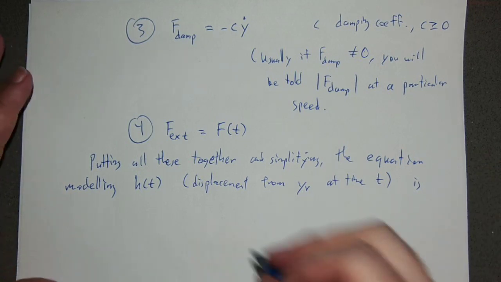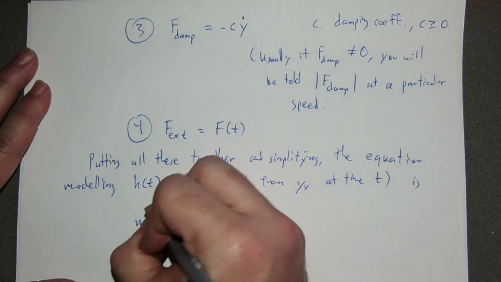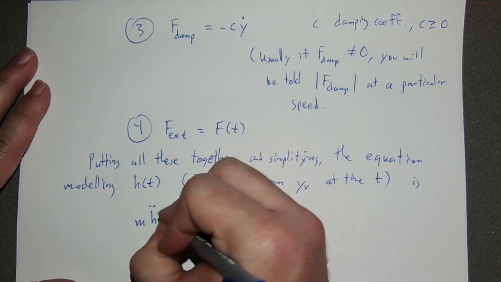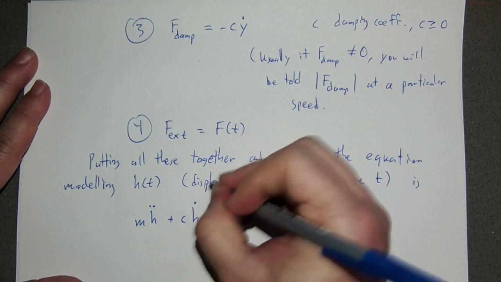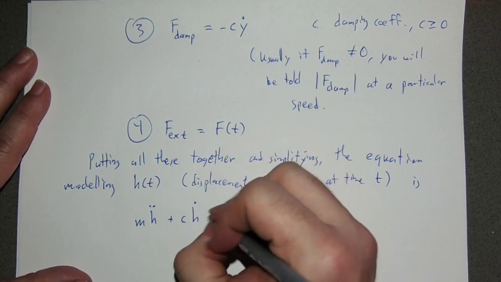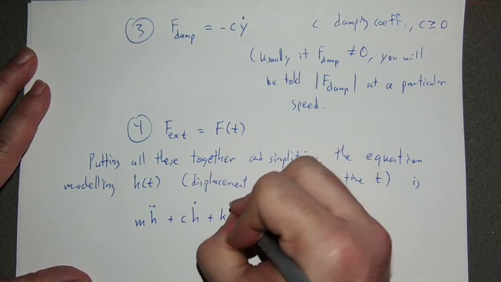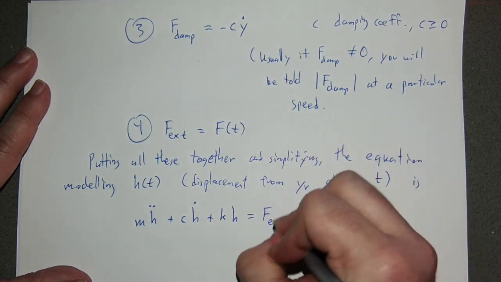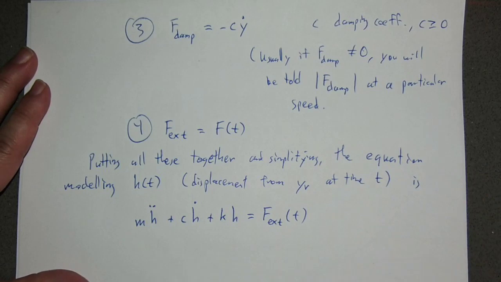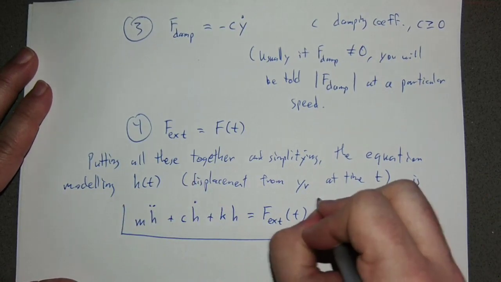So this is actually m h double dot plus c h dot plus k h is equal to the external force.